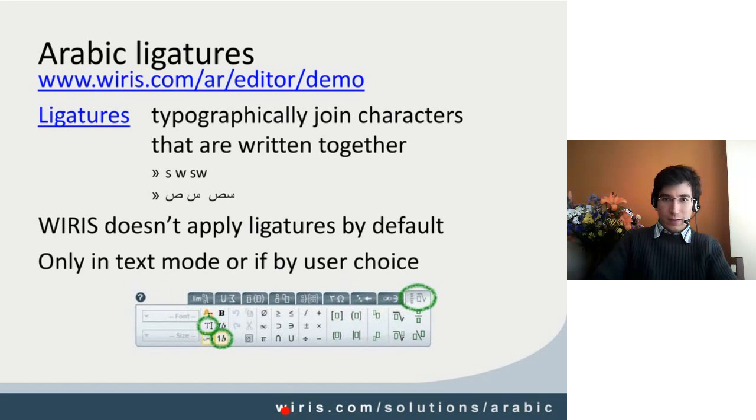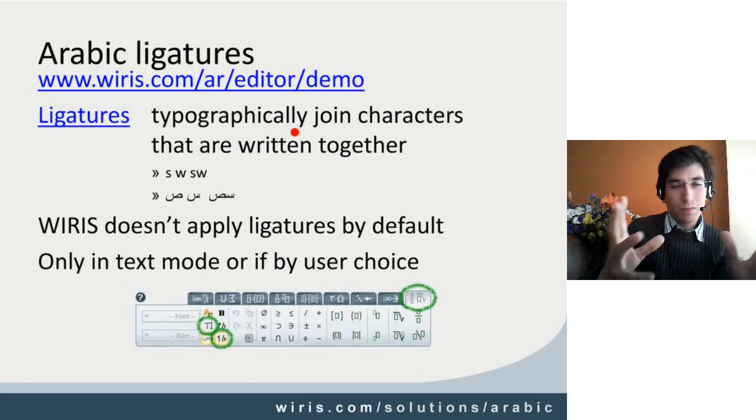The third one doesn't have to do directly with mathematics, but it's also important to have it nicely done in Arabic language, and it has to do with ligatures. So ligatures are something that happens in Arabic languages, which is this typographically joining of characters, right?